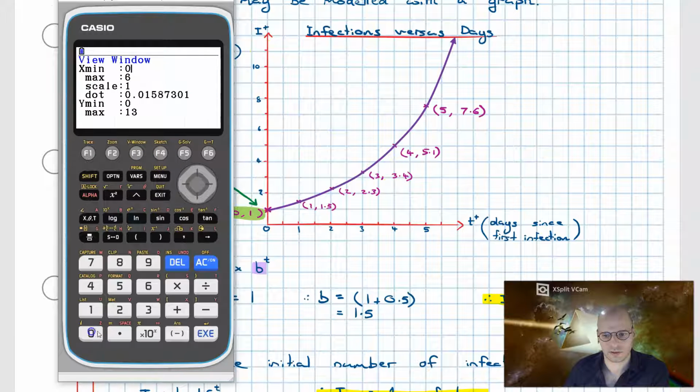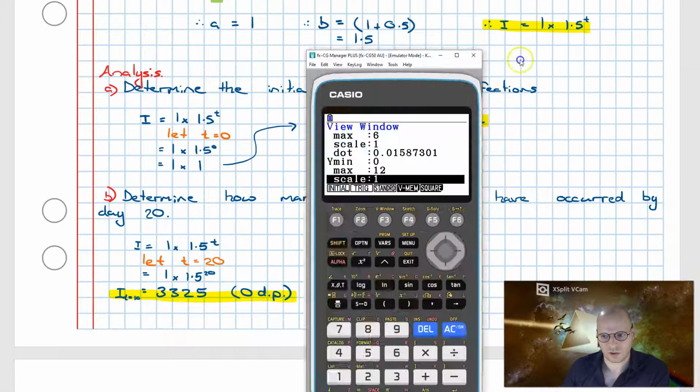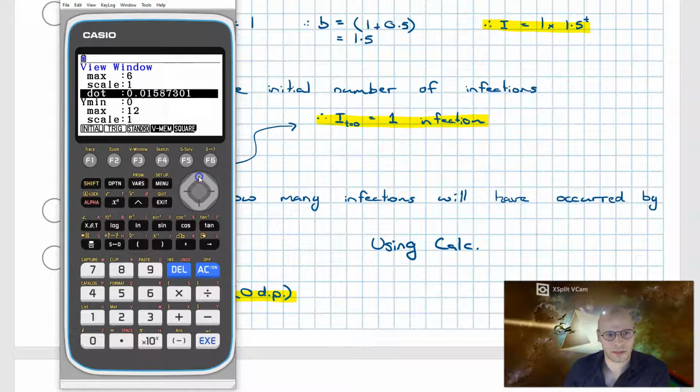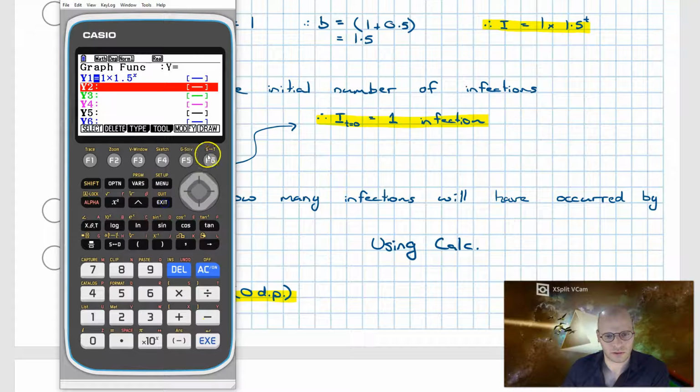V window 0, 6, then 0 and let's say 12. And we're looking at day 20. So we'll go back up and we'll change it to 20 as seen over here. And then we'll graph it.